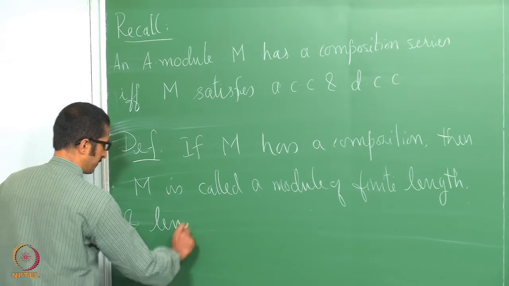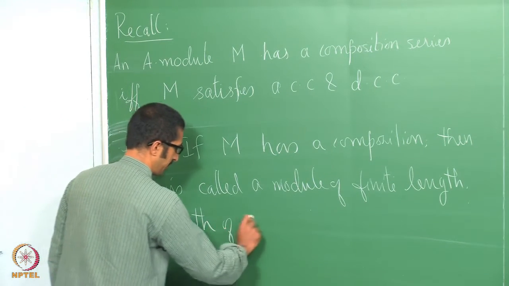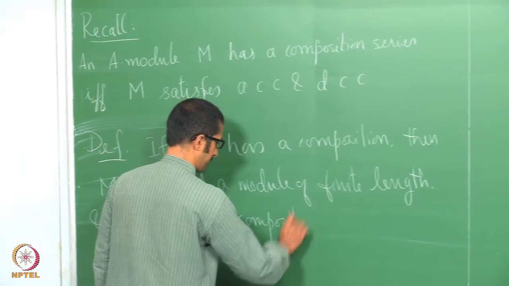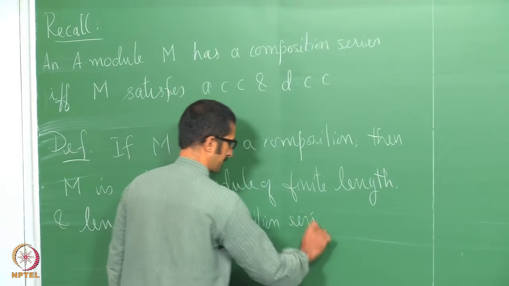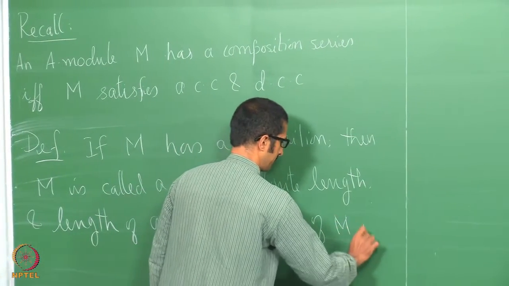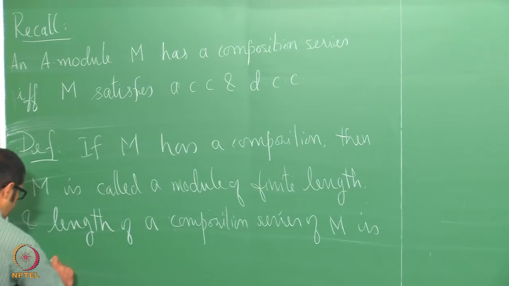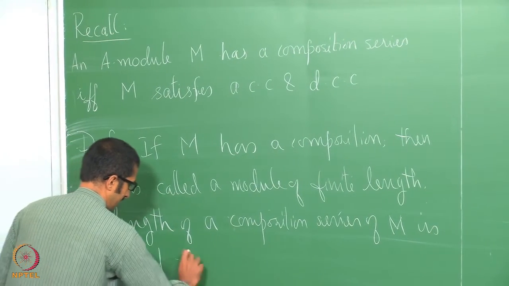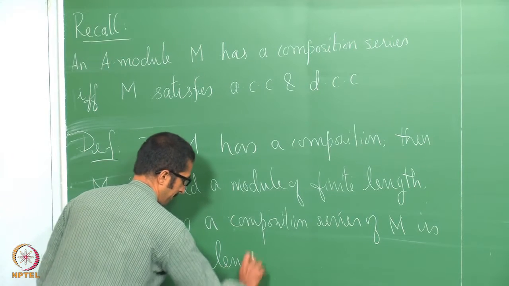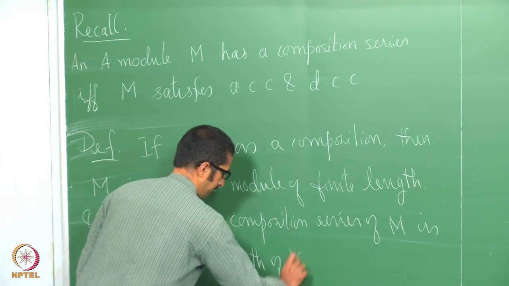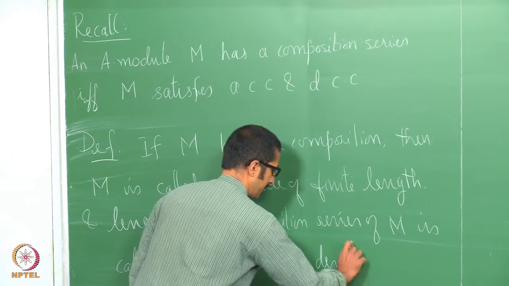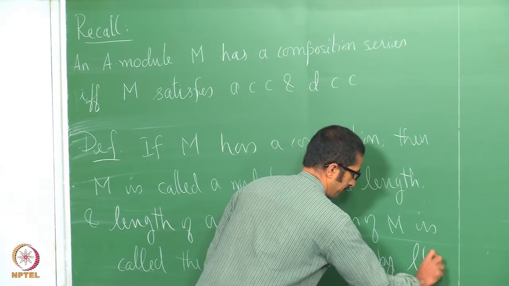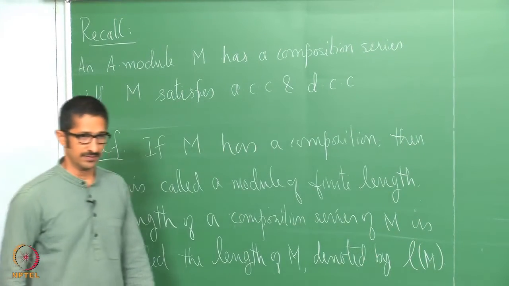and the length of a composition series of M is called the length of M, denoted by l(M).